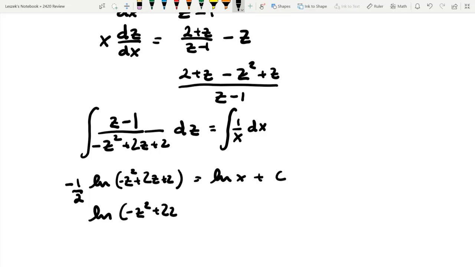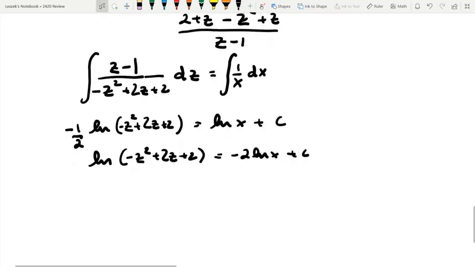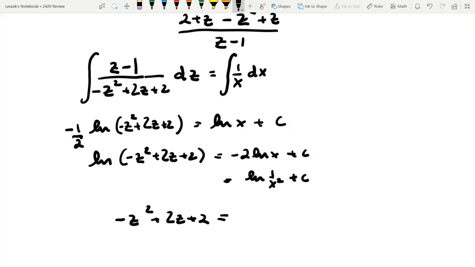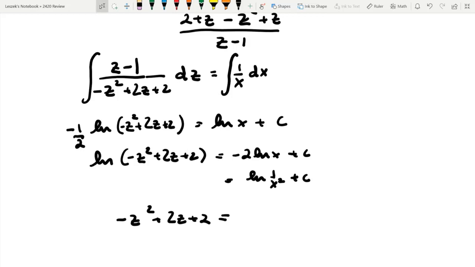I don't want to prolong the pain of doing antiderivative or integration there, but anyway, we're just going to get a relationship between x and y here, an implicit solution, right?